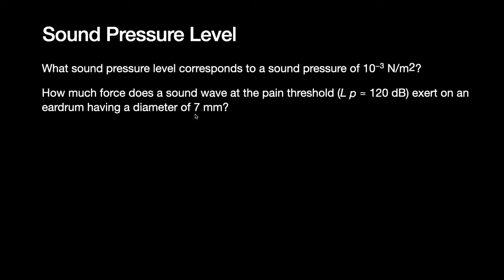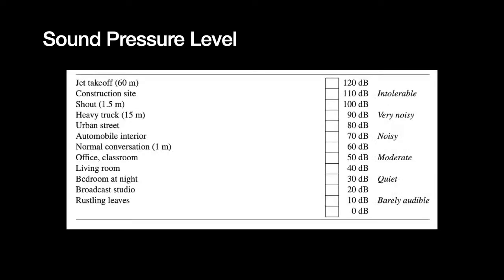Okay, now sound pressure. These are different pressure levels of different situations in life. Jet takeoff and construction site are 120 dB, 110 dB, and loud shout, if somebody close to your ears shouts loudly, 100 dB.